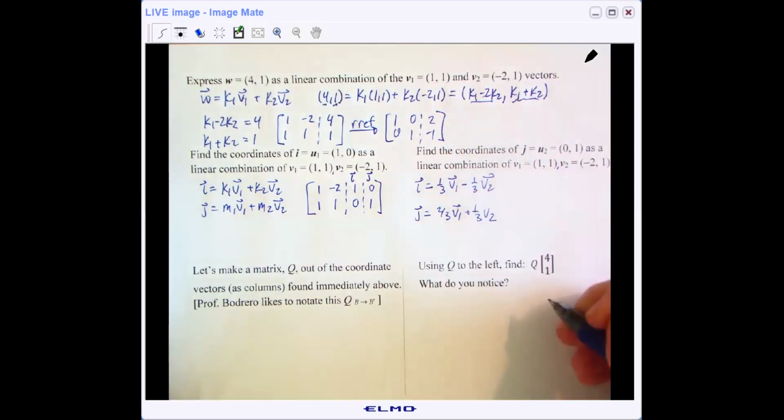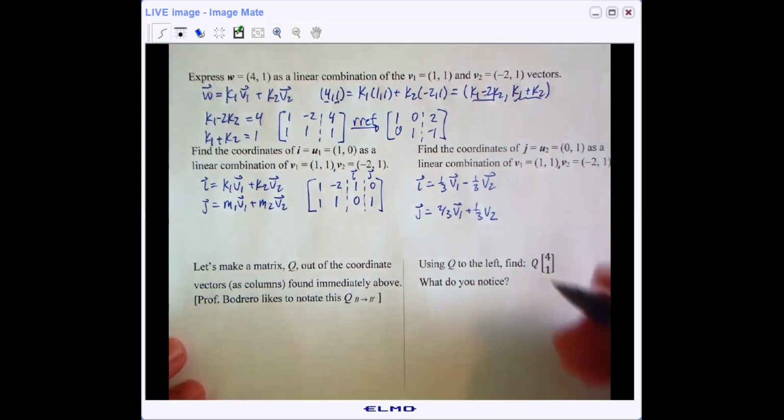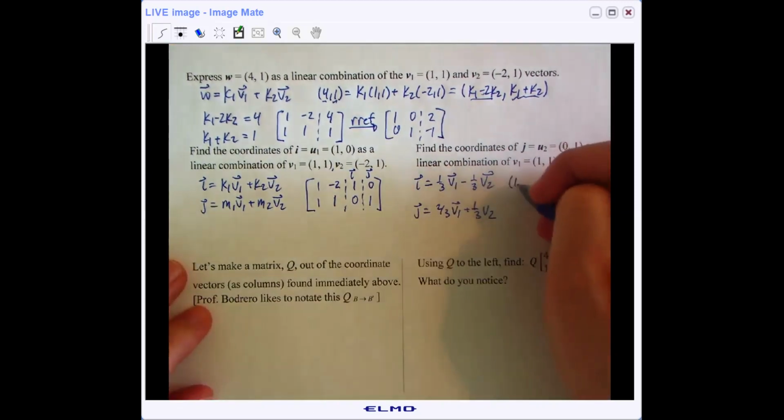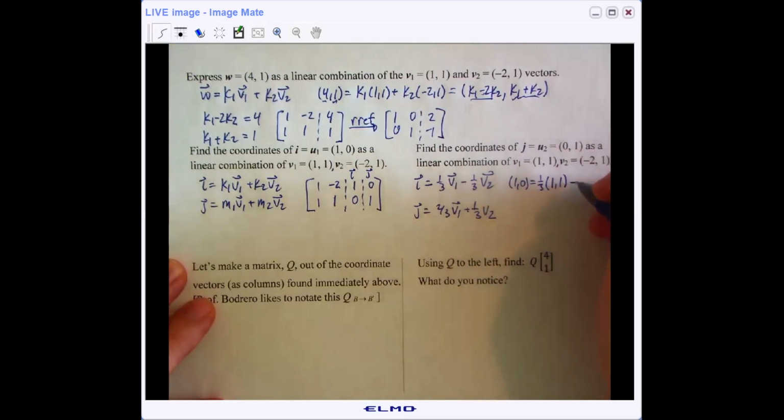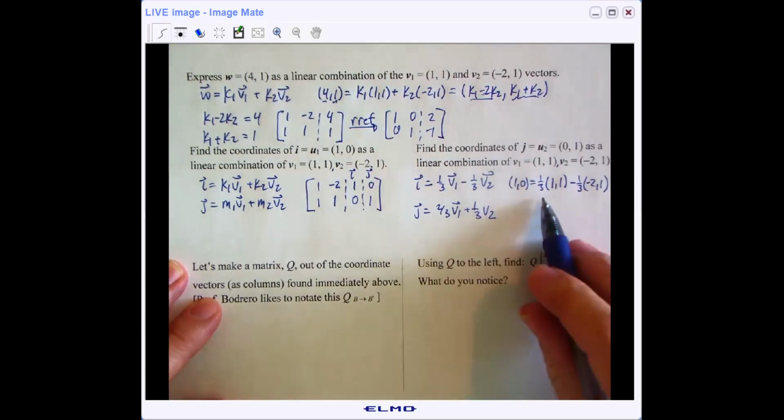And it probably wouldn't hurt just to see this in action right now. So let me go ahead and show that if we have the 1, 0 vector, if we do 1/3 times the V1 vector, which was 1, 1, minus 1/3 times the V2 vector, which was negative 2, 1. Let's look at the right-hand side.